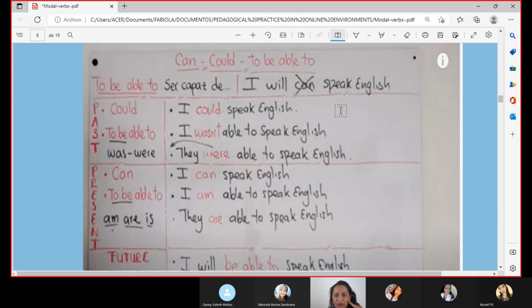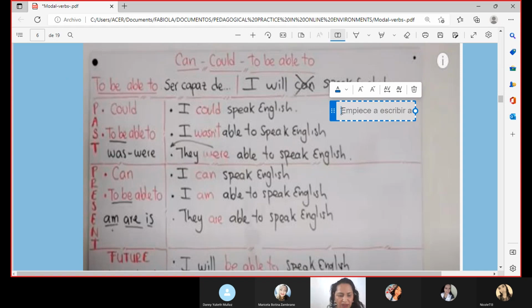Because for modal verbs, it's incorrect to add ing. For example, you say, I can't dancing well. In this case it's a mistake, because can is a modal verb meaning poder in Spanish.